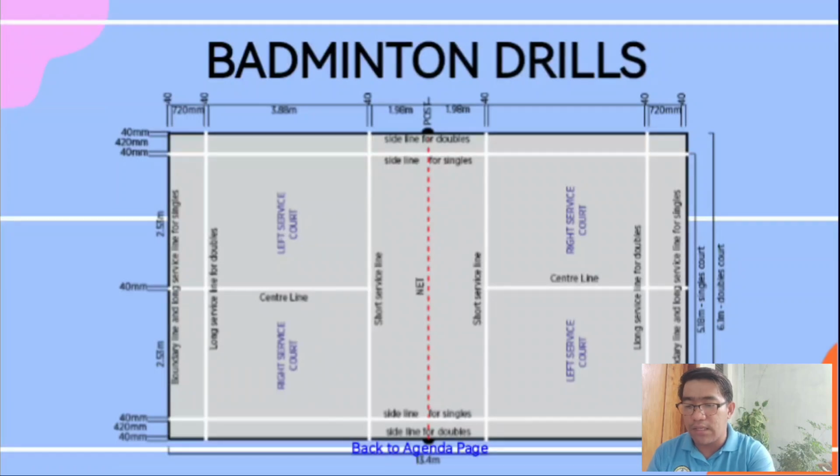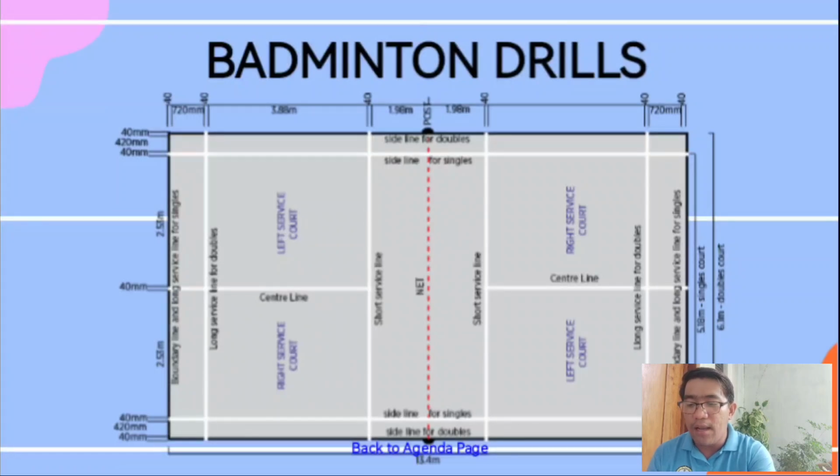Okay? Tapos, may gitna naman to, 40 millimeter naman tayo sa may short service line and true to the net. Okay? 40 millimeter. Okay? So, yung hati from the end line of the service line, yung short line niya, it should be 720 millimeter.